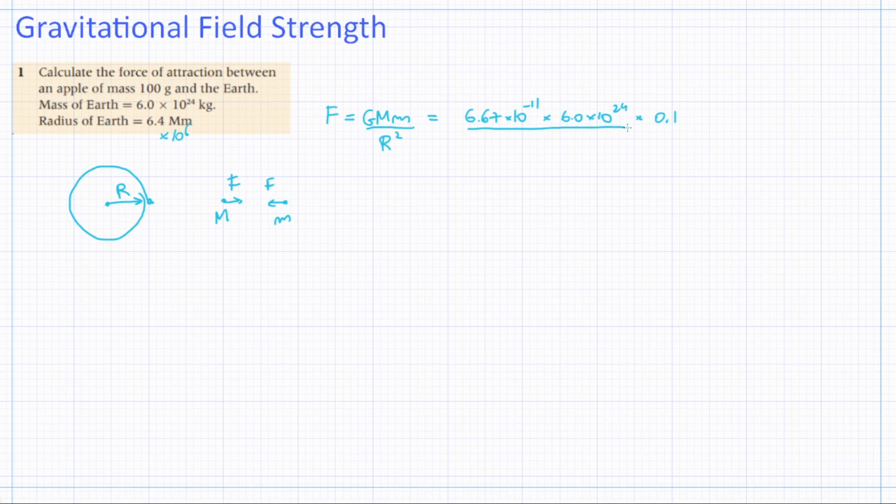All of this divided by our radius squared, which is 6.4 times 10 to the power of 6, and everything squared. That's the whole radius squared. Students sometimes forget to square the 10 to the power 6 as well. Don't. You're squaring the whole number. So this should give you a value of around 1.1 newtons.